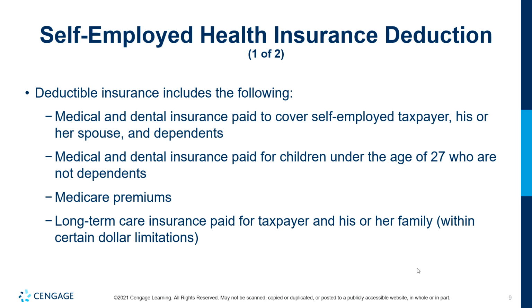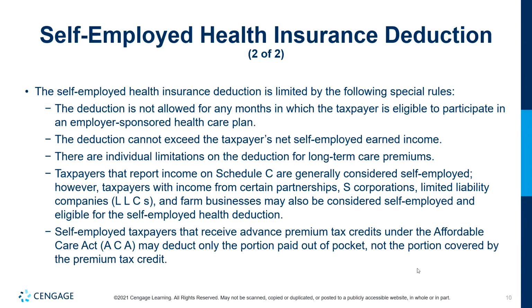Medicare premiums. Long-term care insurance paid for the taxpayer and his or her family within certain dollar limitations. Again, that varies so much, and the law keeps changing on that. But it is limited. Like every other deduction, it is going to be limited.